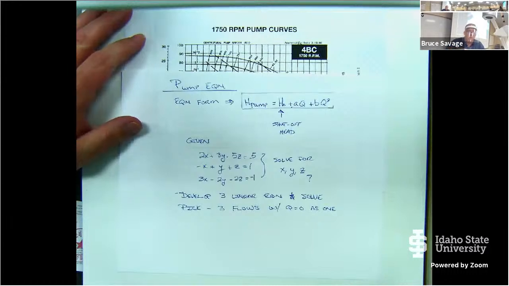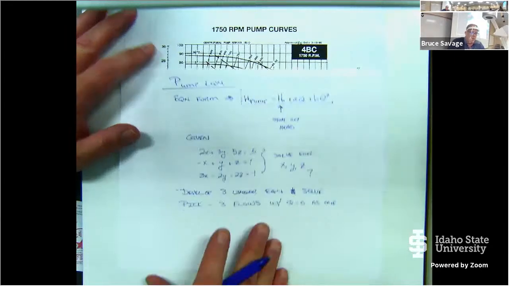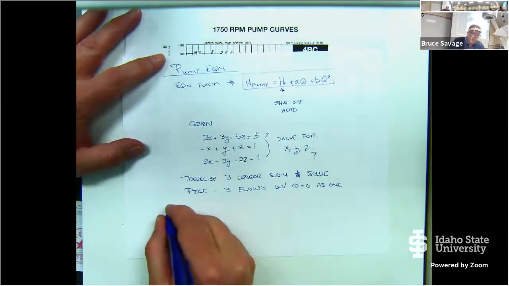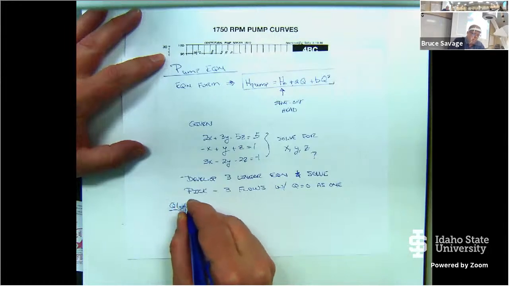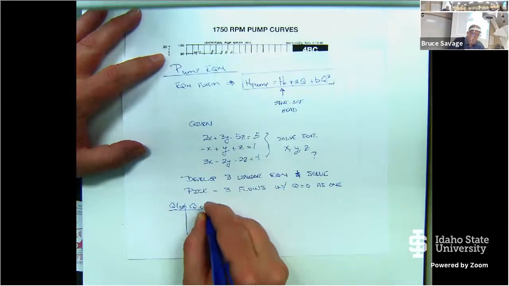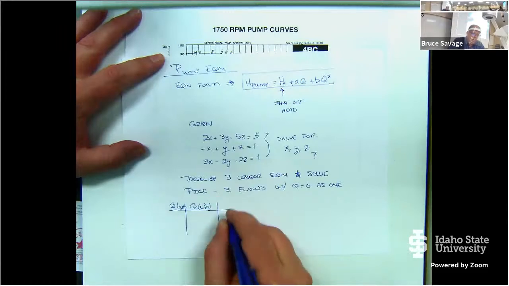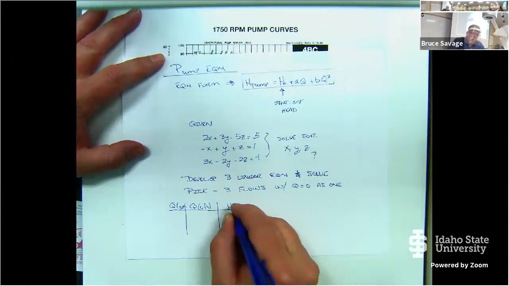So I'm going to solve for my coefficients based on cubic feet per second. You don't have to do that. I'm going to create a table with Q in gallons per minute, Q in CFS, and then the H of the pump.